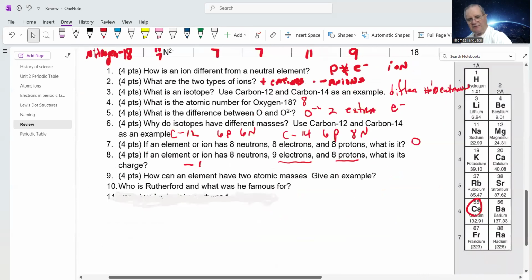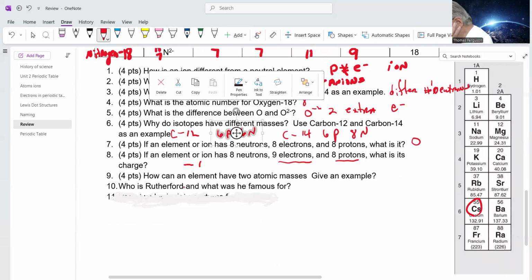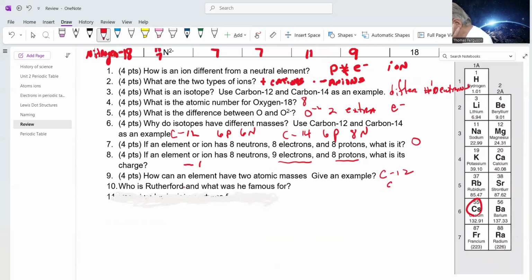How can an element have two atomic masses? That's isotope. So we can give an example of carbon 12, carbon 14. Okay, who is Rutherford and what is he famous for?